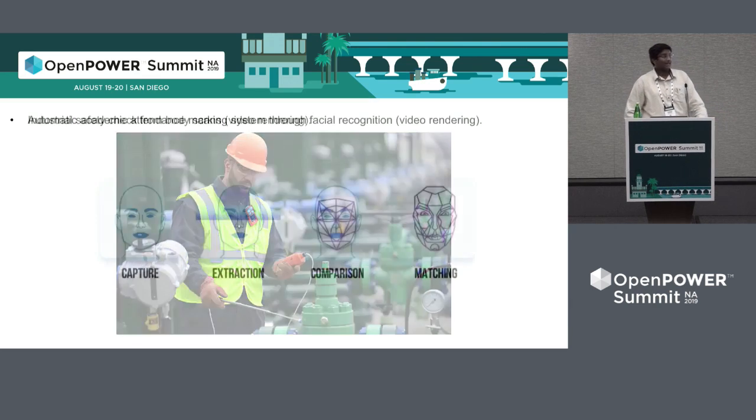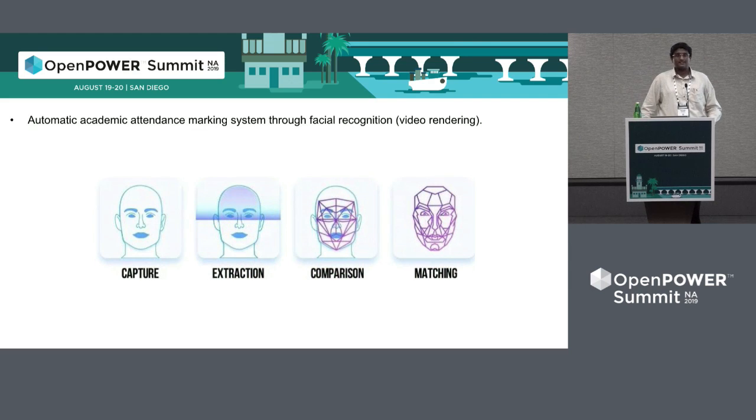So the last and the least is automatic attendance marking system through facial recognition. This might not seem like much of an application, but still this is a very important part, because when you go to college, they mark attendance period wise or hour wise, right?